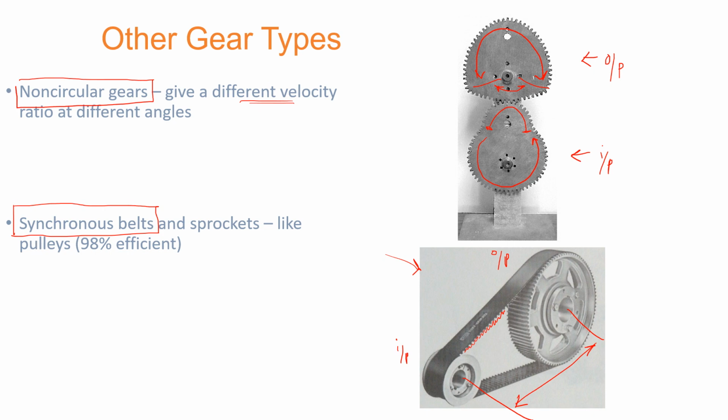And there can be some other interesting gear types as well. Probably you can visit the mechanics lab and you can see that there are quite a few very interesting displays available in the lab. You can observe those. So at this particular stage, I would say that we have covered quite a few different types of gears, and we have broadened the horizon, and we know that there are multiple options in front of us.